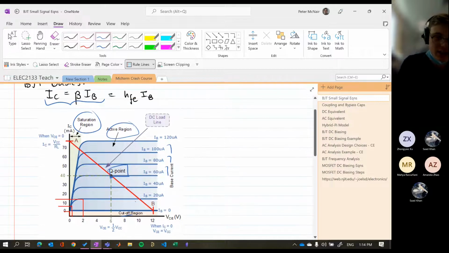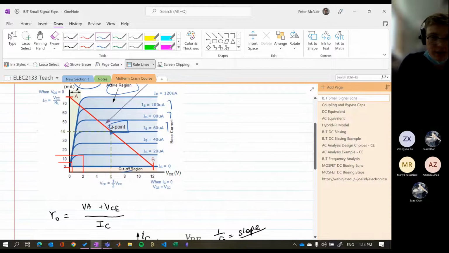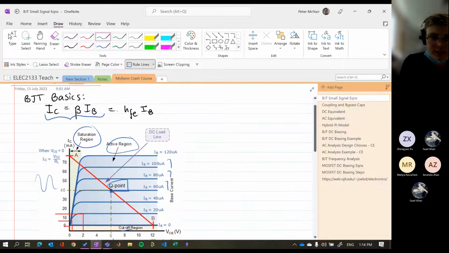So you might see pictures where you get a wiggle on the IC translated into a wiggle on the VCE. Essentially, that wiggle happens about the Q point. And if we have this linear relation where IC just depends on IB, we're essentially going to be acting like an amplifier, a current amplifier.